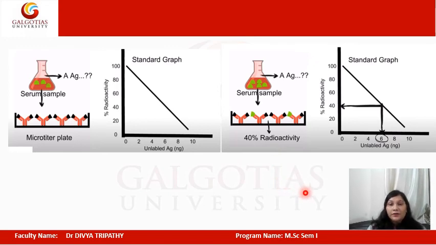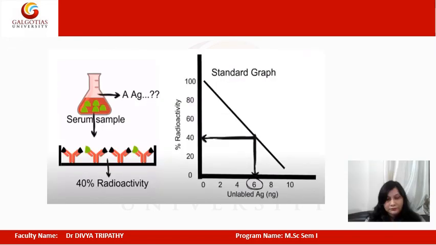Now by using this standard graph, you can easily find out that the radioactivity decreased to 40% when the concentration of A antigen is 6 nanogram per ml.